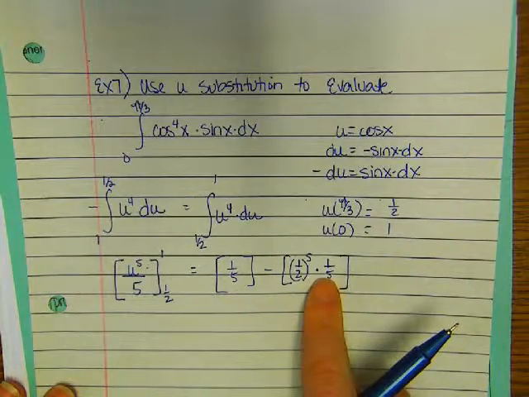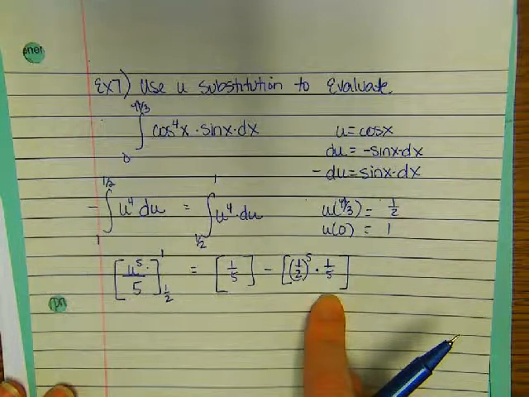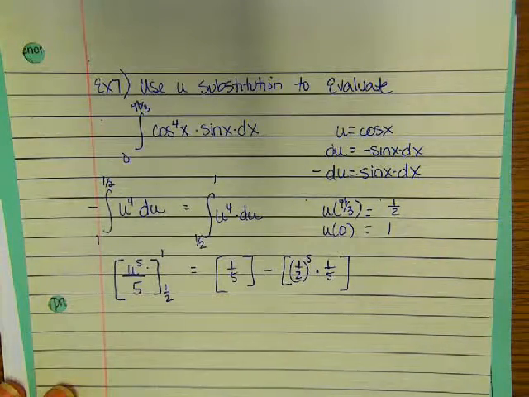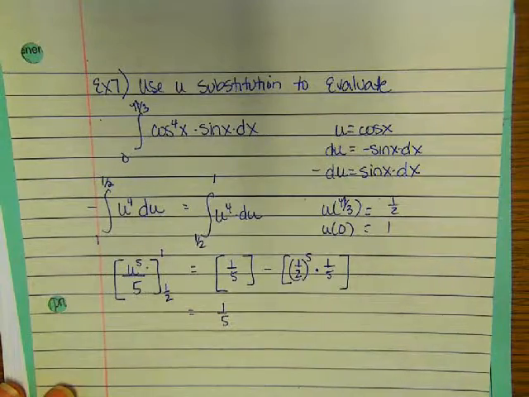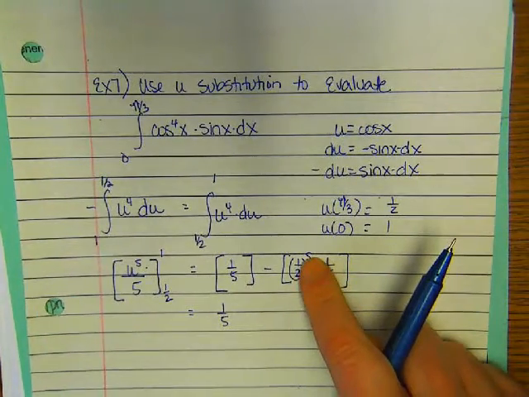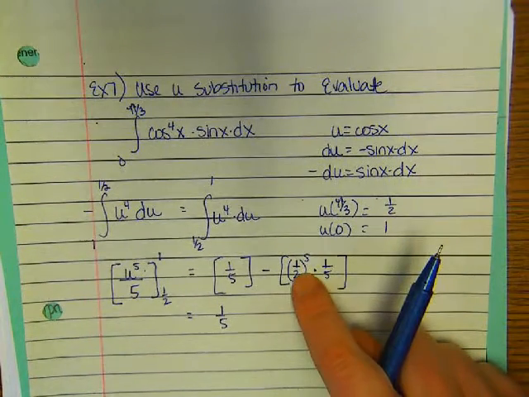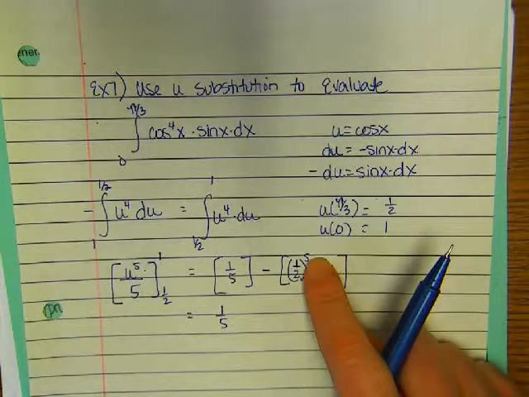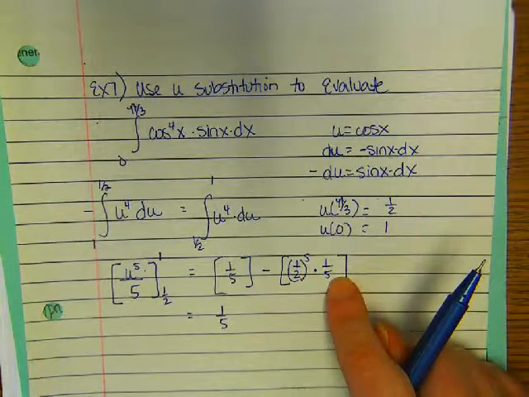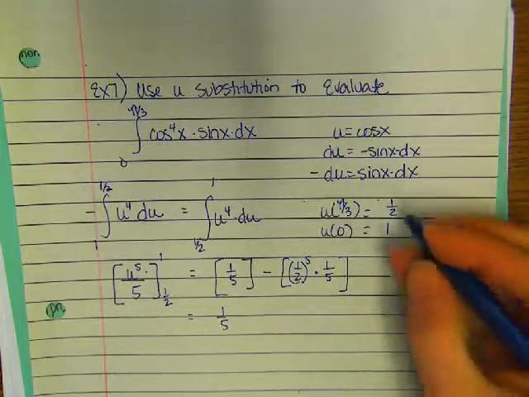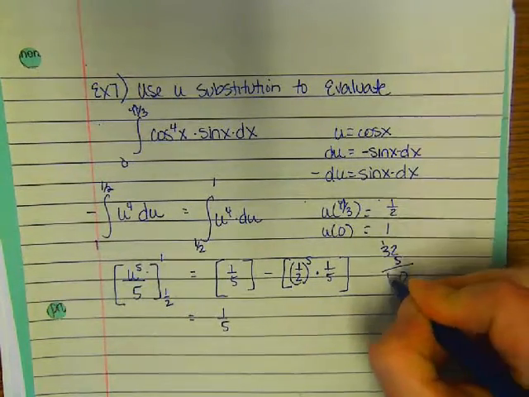Is 1/2 to the fifth over 5 the same as 1/2 to the fifth times 1/5? Alrighty. Let's do some work here. 1/2 to the fifth is, 2 to the fifth is 32, right? 32 times 5, 10, 160.